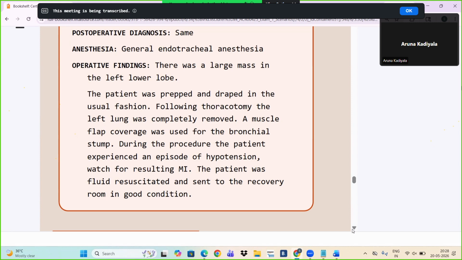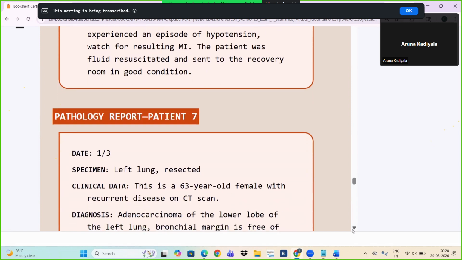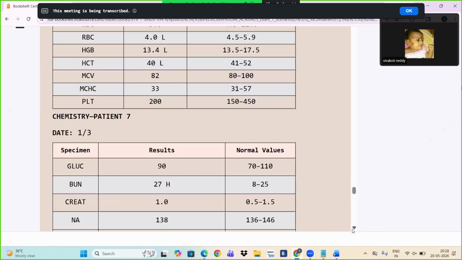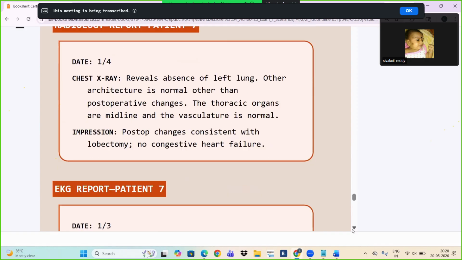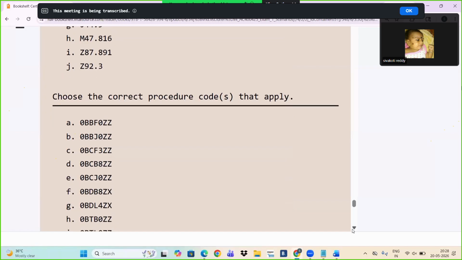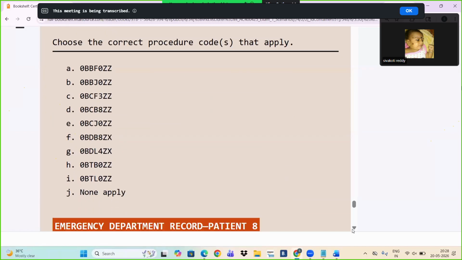Now, from the exam point of view, you will get options. I will show the procedure options like this, guys. In total, this many codes they gave for the procedure.